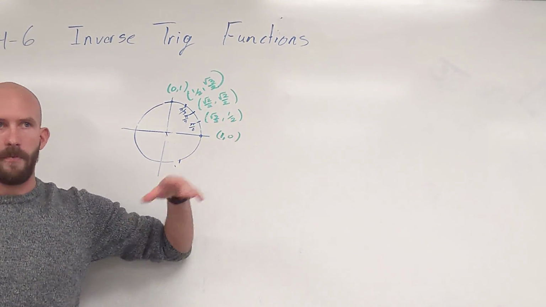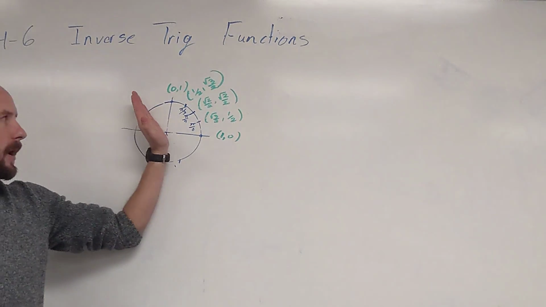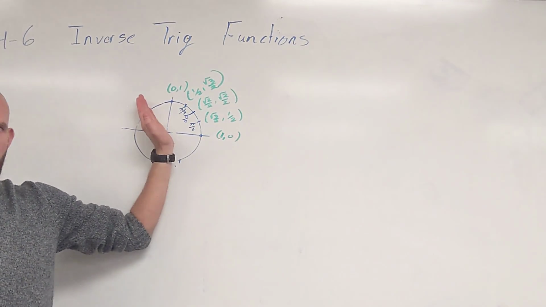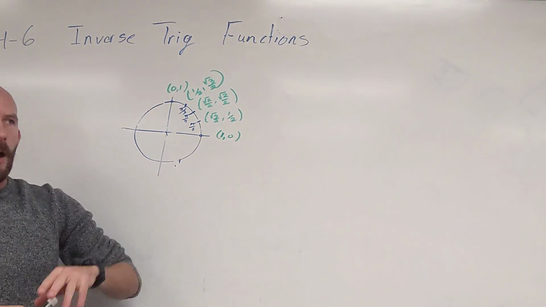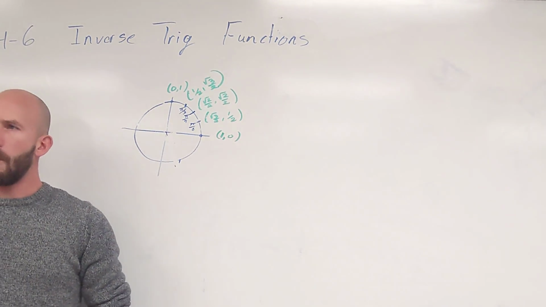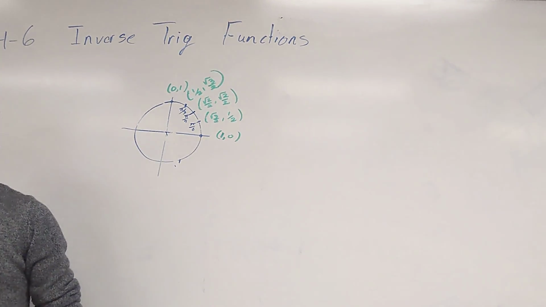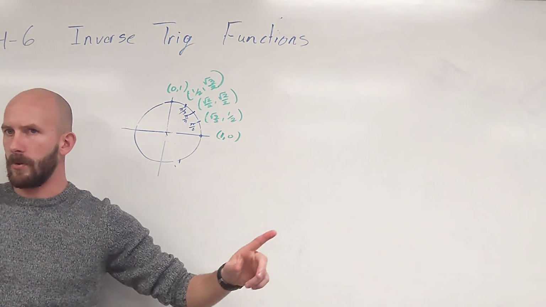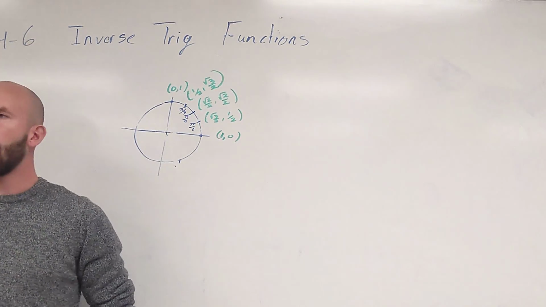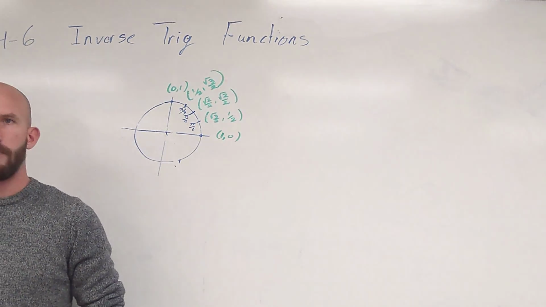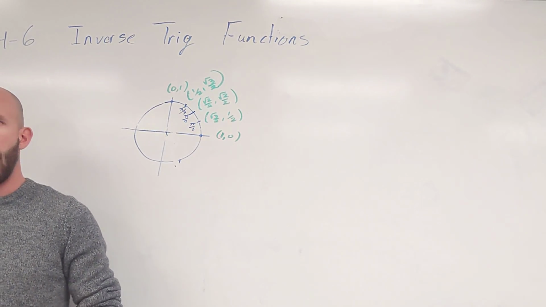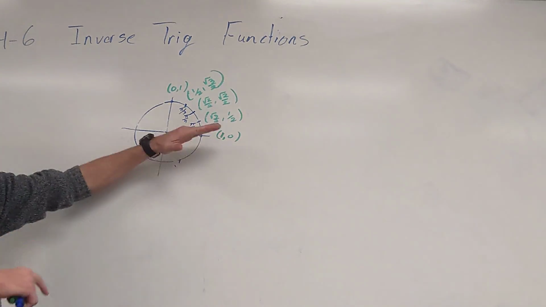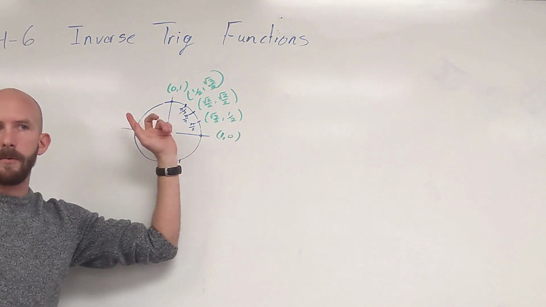If I say sine of 3 pi over 4, you get one output. But if we go backwards, with the inverse trig functions, and I ask where on the unit circle sine is 1/2, notice there are two different places that could happen.